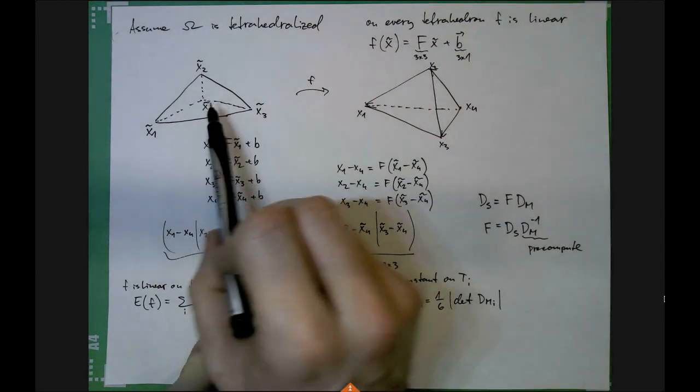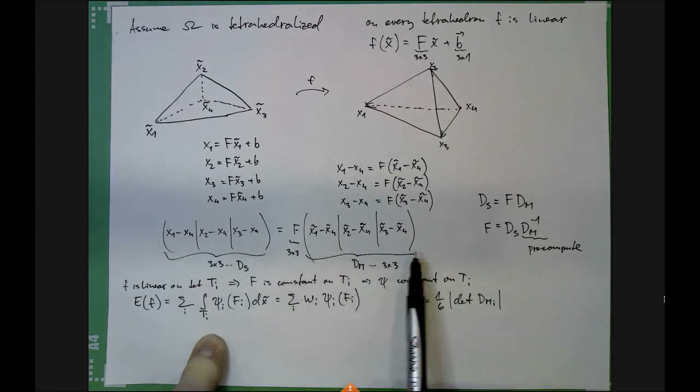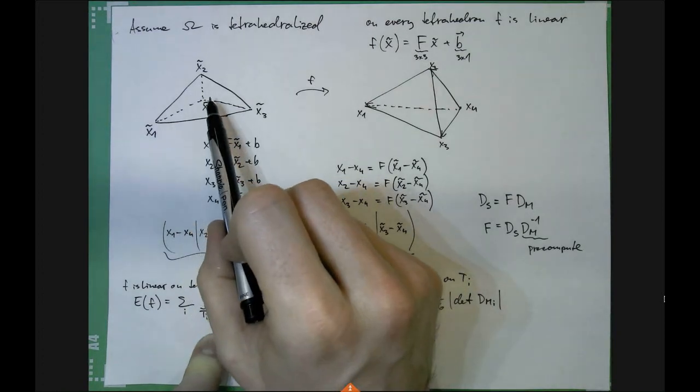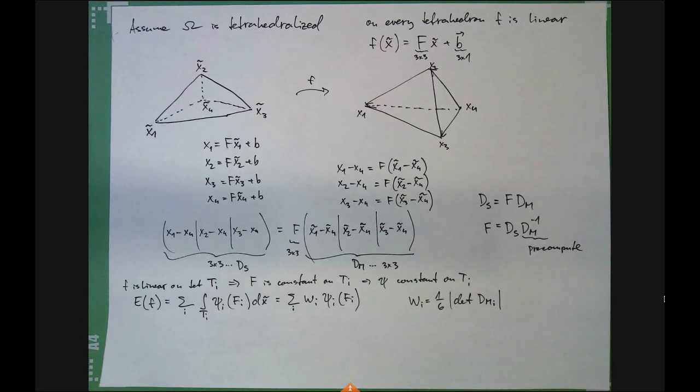You should know that the determinant of this matrix Dm gives me exactly 6 times the signed volume of the tetrahedron. The signed means that the orientation matters: if you have the tetrahedron oriented in the wrong way, you will get negative volume. So the absolute value gets rid of that, because volume, of course, should be a positive function.